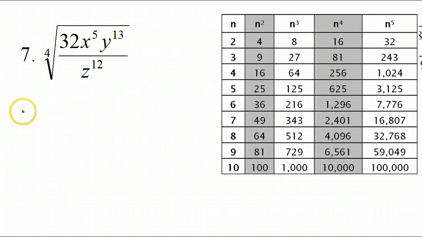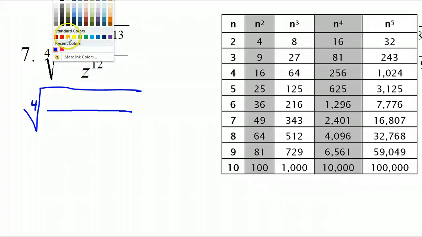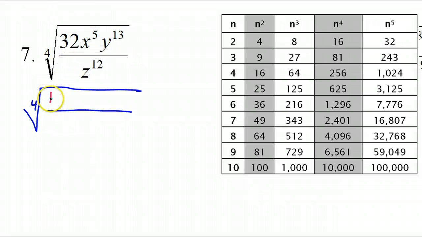So as we set this up and get it ready to go, I'm going to go ahead and rewrite 32 as 16 times 2. I wanted the 16 so I could simplify it.